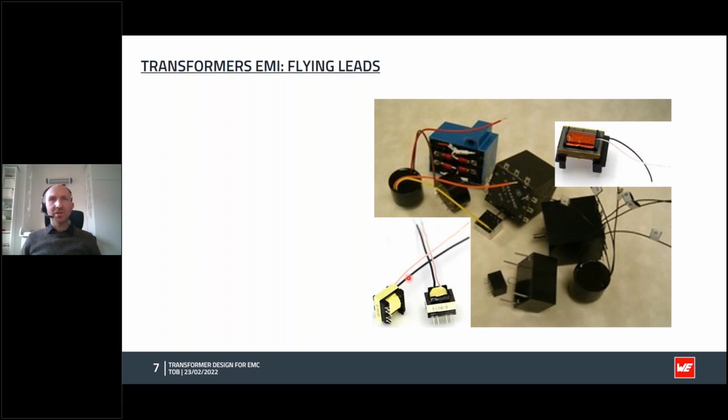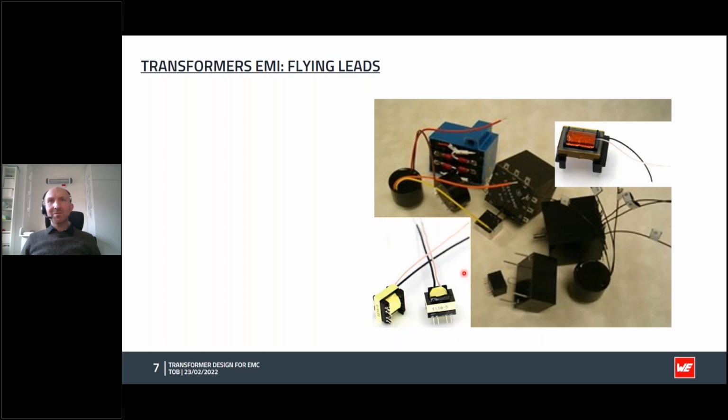We just need to meet the distance between the primary and where we remove the insulation. So if we don't connect these leads to the pins themselves on the secondary side, where we actually leave them flying, then we can achieve very high creepage and clearance distances.